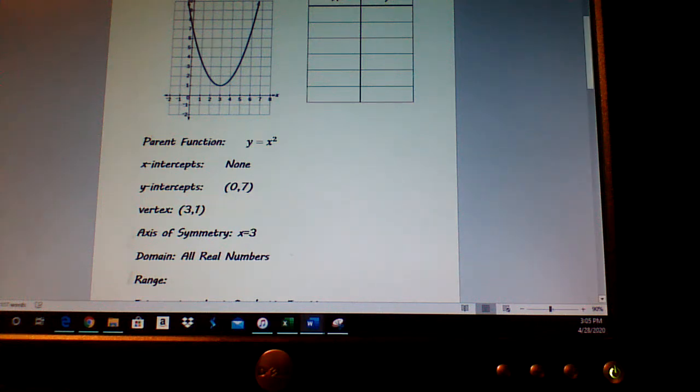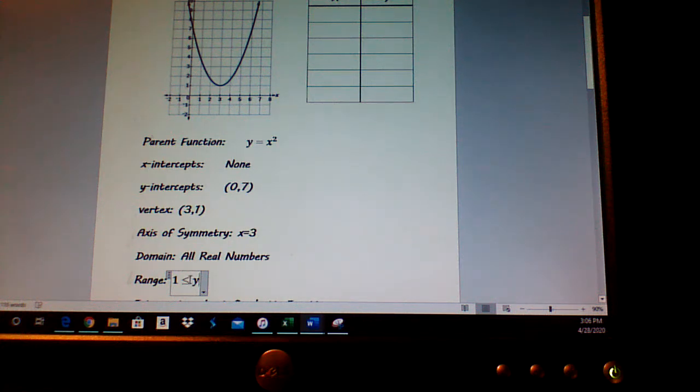We're going to have to write this in our inequality notation. We start out with our low point, which we said is 1. We want to say that y has to be greater than or equal to 1.